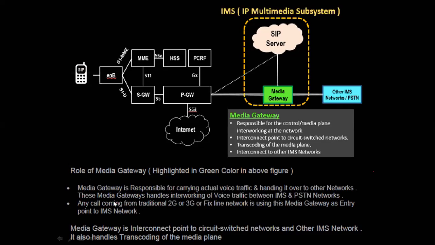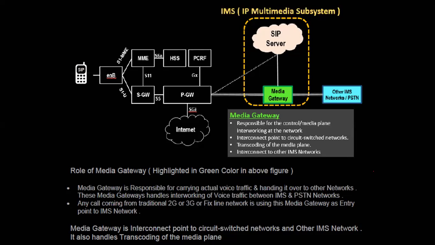It could be the PSTN when you are dialing a landline, or another IMS. When you are establishing a VoLTE call between two VoLTE supported devices, any call coming from a traditional 2G or 3G or fixed line network uses this media gateway as an entry point to the IMS VoLTE.